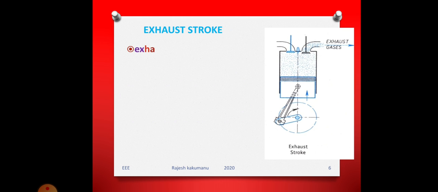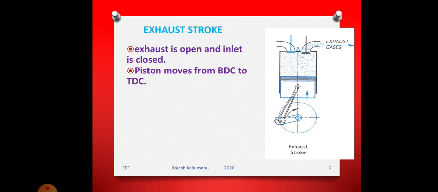Next, here the exhaust valve is open, the inlet valve is closed. Here the piston is moving from bottom dead center to the top dead center. See the arrow mark moving from bottom dead center to the top dead center.